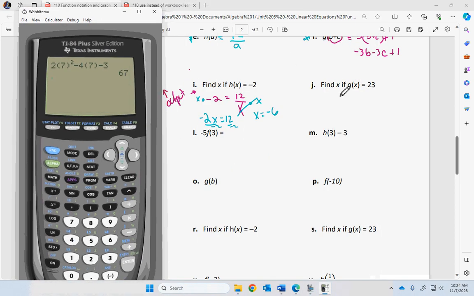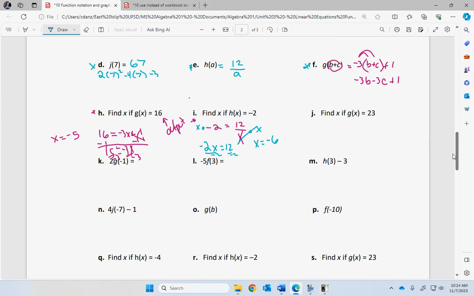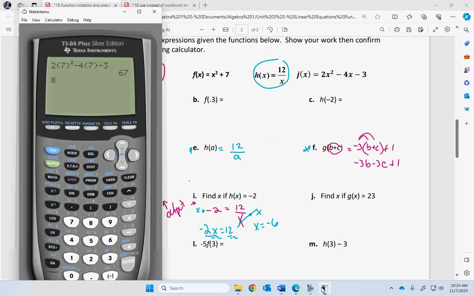Let's practice using our calculator one time on this. So function h is, I forget it again, 12 over x. So go to your y equals. Let's clear out what we have. Let's put in a 12 over x. I'm going to do alpha y equals enter to get a 12 over x. And I'll go to my table, which is second graph. And I'm going to scroll through until I find a -2 in my output.